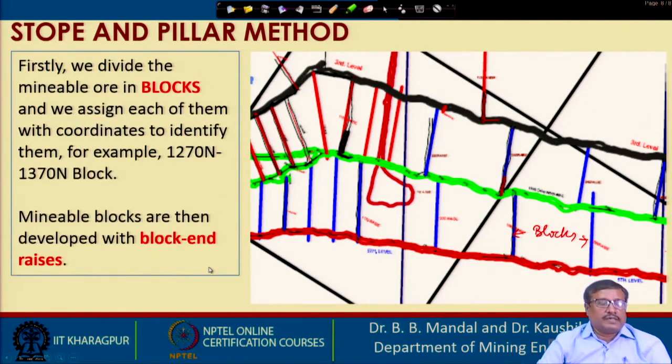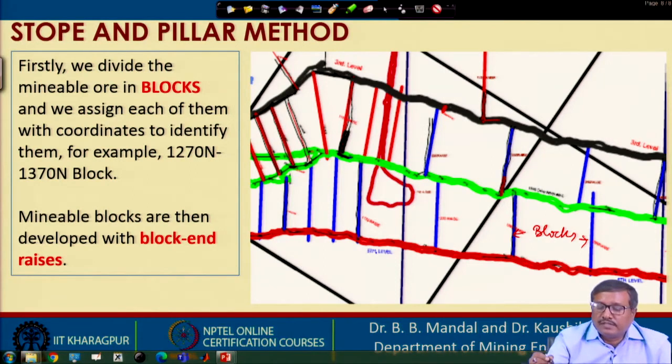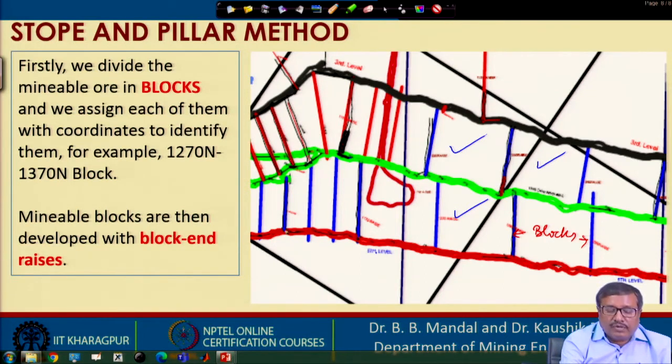Now, how do I do that? First we divide, as I said, the mineable ores into blocks. So, this is one block, this is one block, like say here, this is also one block, like that. And say here we had blocks, this is one block, but then in between the block and raises we also had raises here, say this one.